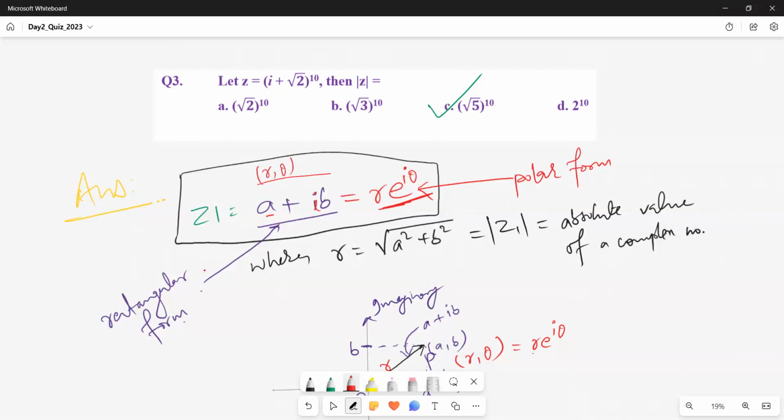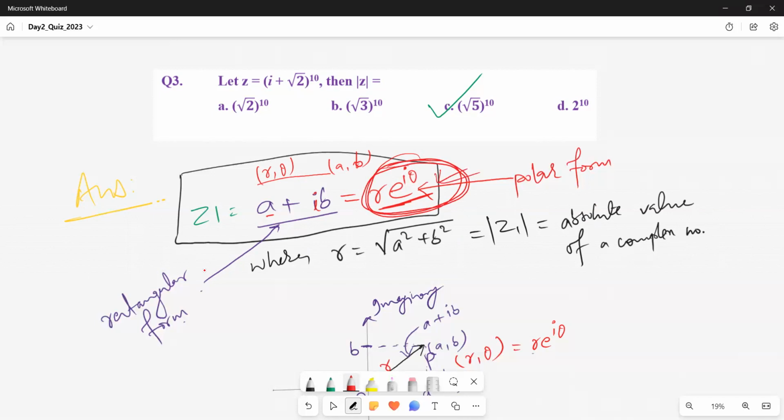It can be written as a comma b also, and r comma theta in exponential form can be written as this. Just note it. This is the trick, the clue of this question. The answer can be obtained from here itself.